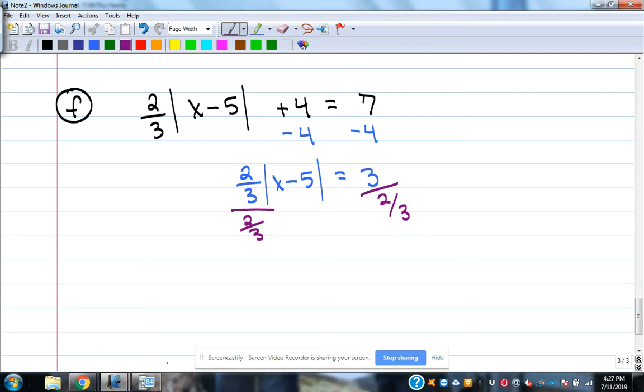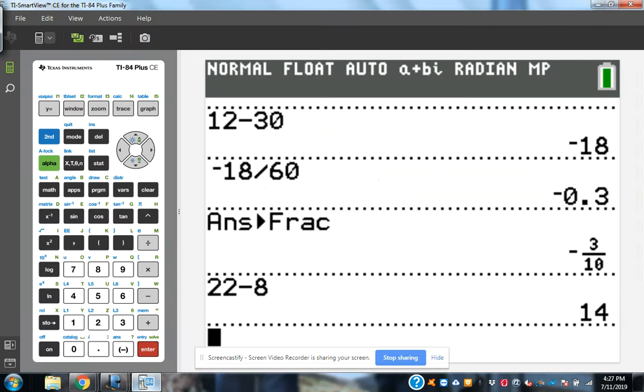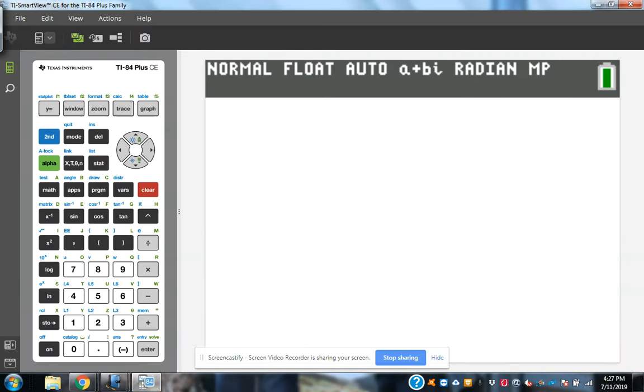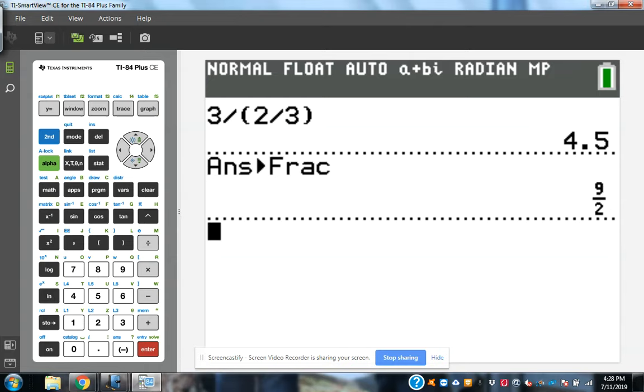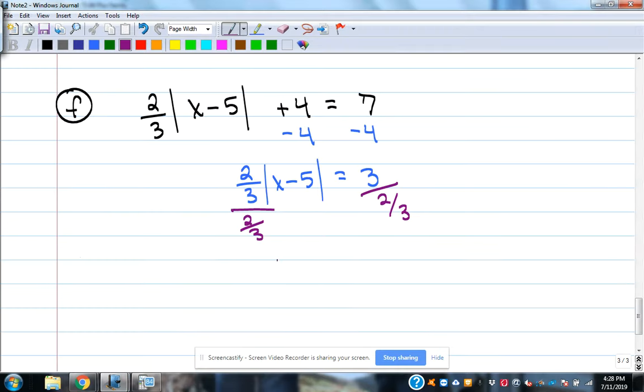If you're going to use division and you're using your calculator to help you, which I figure most of us do when dividing with fractions, that's the quickest way. When we do that division, we need to put that fraction in parentheses. So 2/3 in parentheses like that, and then hit enter, and it gives me a fraction answer. So I'm going to hit math, enter, and get 9/2. So I get absolute value of x minus 5 is equal to 9/2.